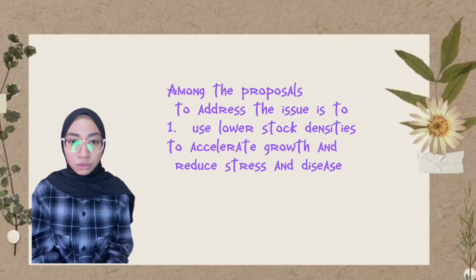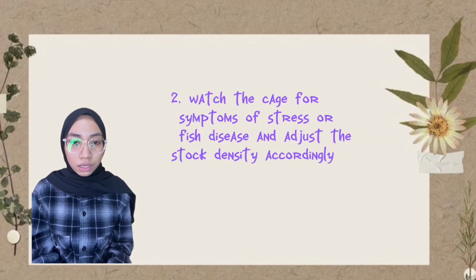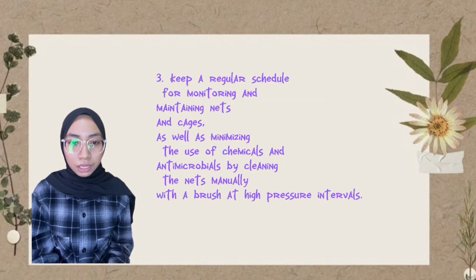Among the proposals to address the issue are: 1. Use low stock density to accelerate growth and reduce stress and disease. 2. Watch the cage for symptoms of stress or fish disease and adjust the stock density accordingly. 3.